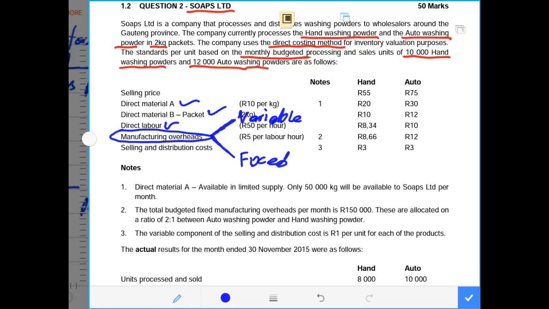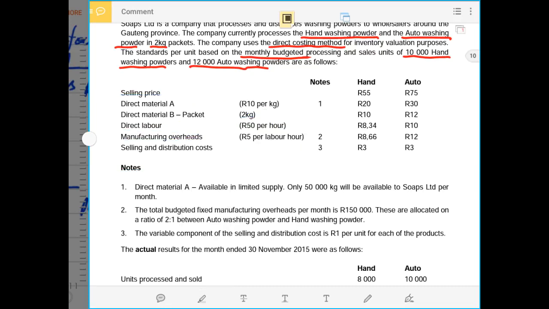So there's still some calculation that we need to do, based on the information that will be provided to us.